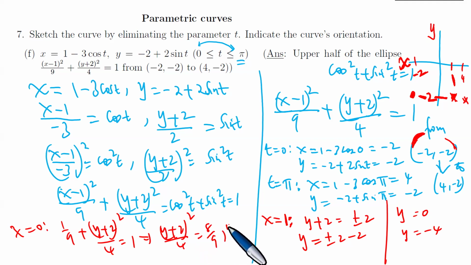So that y plus 2 squared is 32 out of 9, which is plus or minus 4 the square root of 2 out of 3.